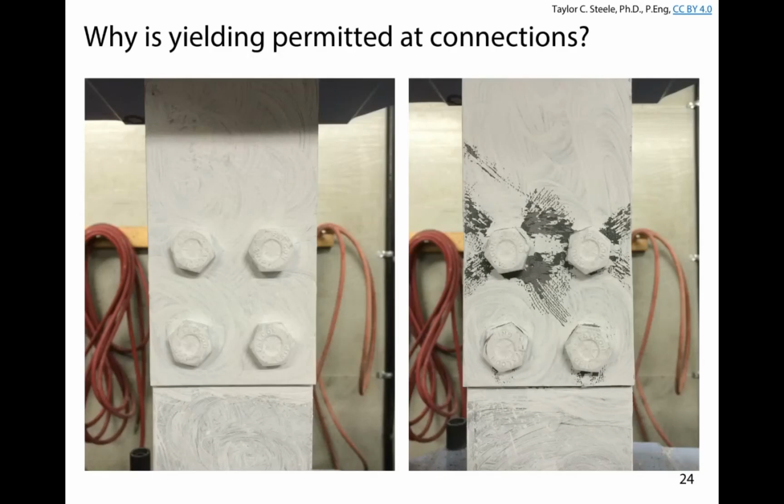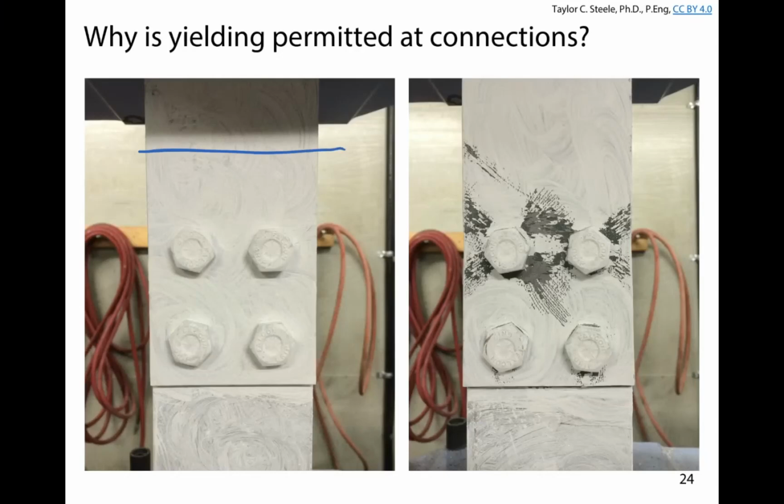And for yielding, we don't want it to happen along the full length of the brace because it's really long. A long brace can stretch several feet in the yield plateau, and that's going to result in instability of the structure when it's pushed laterally under wind load, for example. Okay, so we let localized yielding happen at the connection, but we prevent fracture with a reasonable amount of certainty.